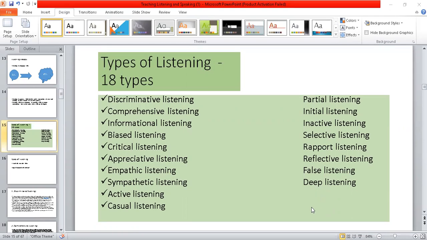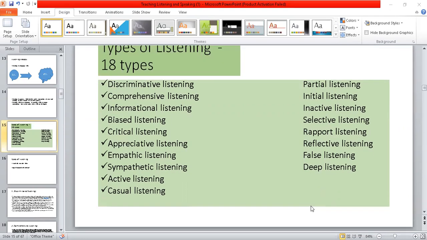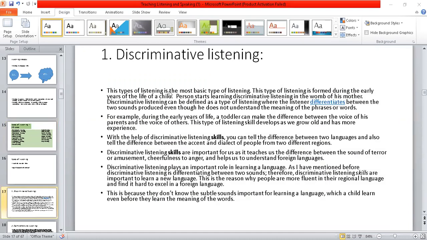Now, suppose discriminative listening, what is it? This type of listening is the most basic type of listening. So in the circle you have discriminative listening, and around it you write basic type of listening.